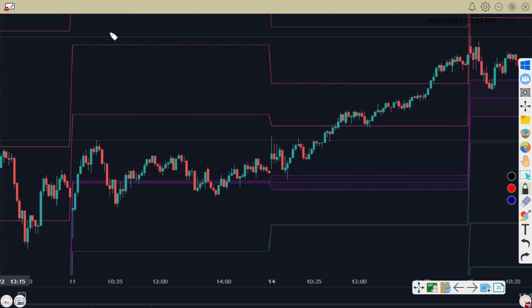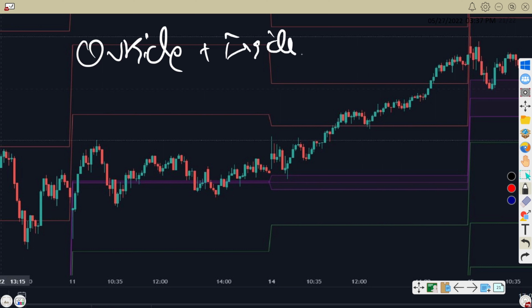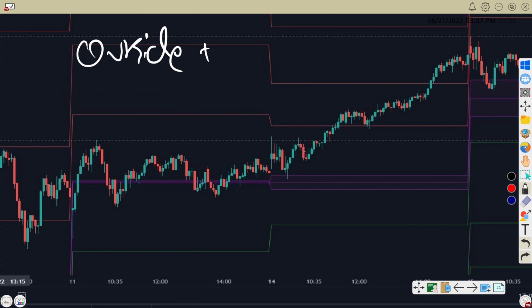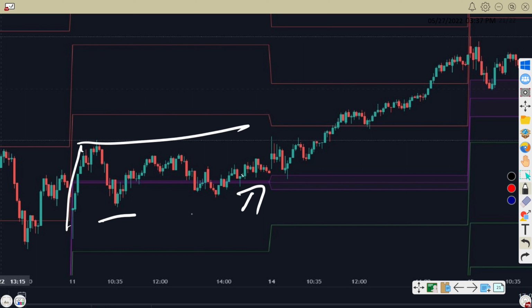Okay, so you need to know that outside plus inside and all those things, they don't work 100% of the time. Nothing in the market works 100% of the time. Okay, so this is an example of that. If I look at this day, you can see that we had an inside value this day, but you can see that market is extremely sideways.